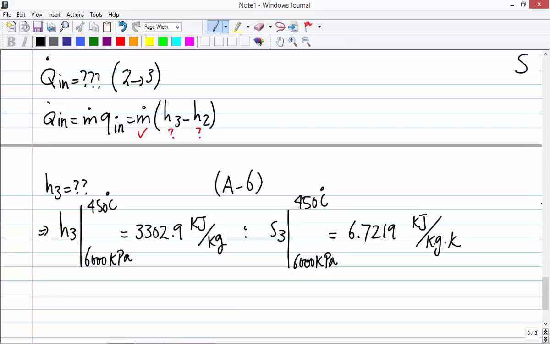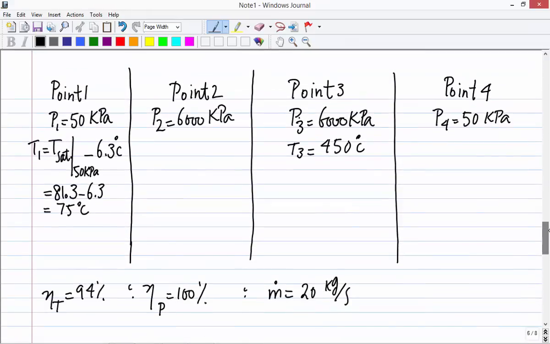So now I need to solve for H2, right? How? Let me update my table first.